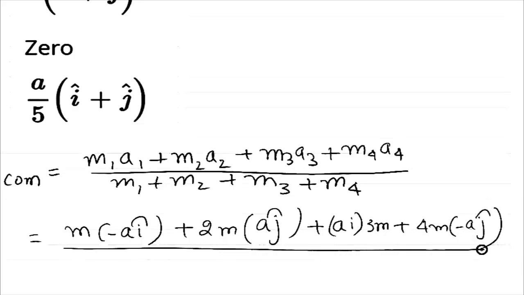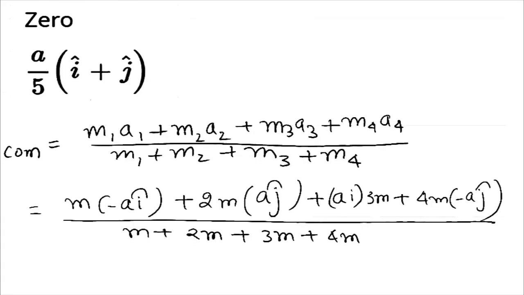Okay, so in division I will write m plus 2m plus 3m plus 4m. Simple. So you can see this m will get cancelled out, right? Now if you see here, this is minus a i cap and this is 3a i cap, so 3a i cap minus a i cap will be 2a i cap.